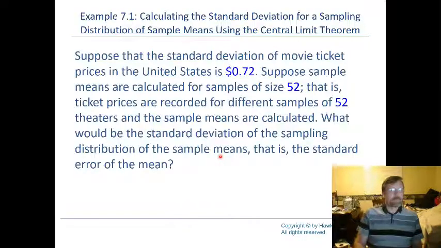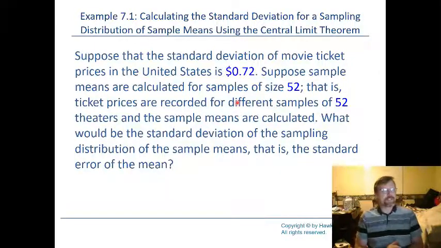All right. So let's start with a fairly simple one. If we've got movie ticket prices, the standard deviation for movie ticket prices in the U.S. is apparently 72 cents.